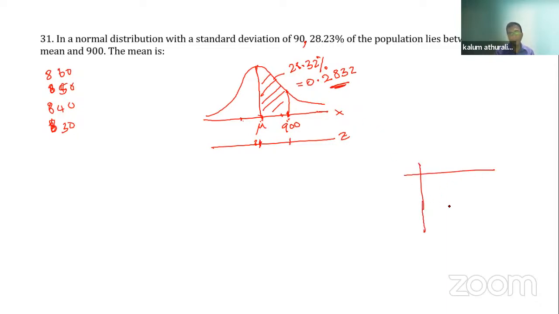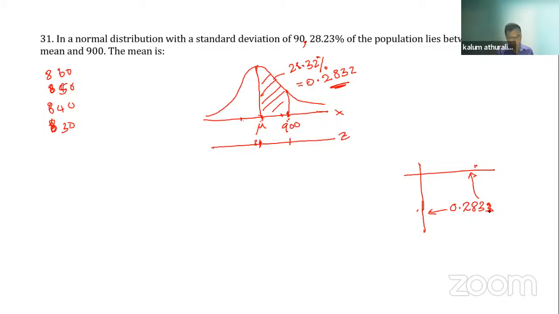We check where the value is and get these two coordinates. 0.2823 is there.